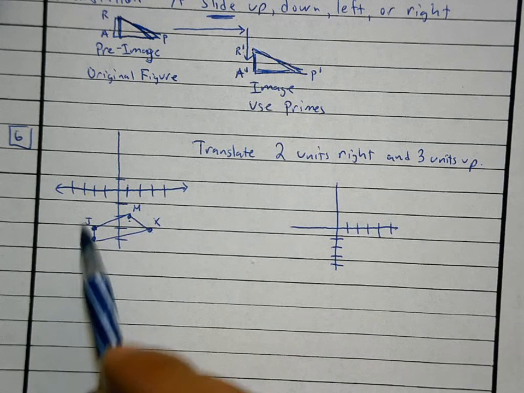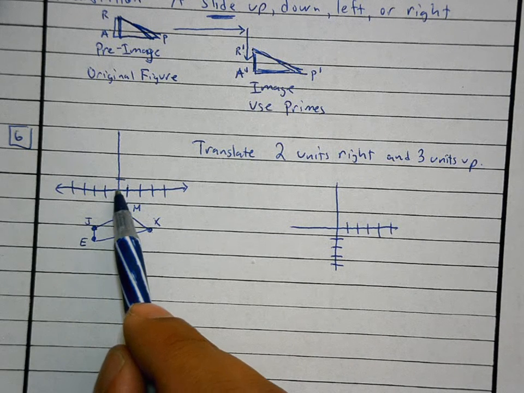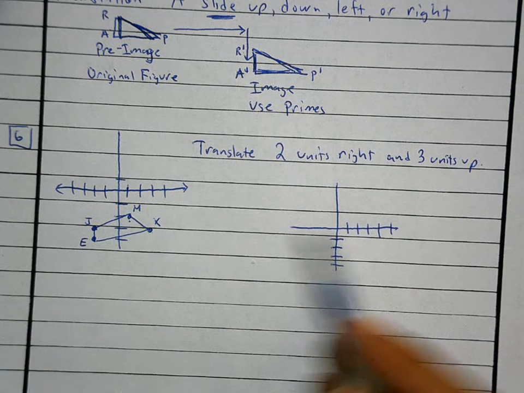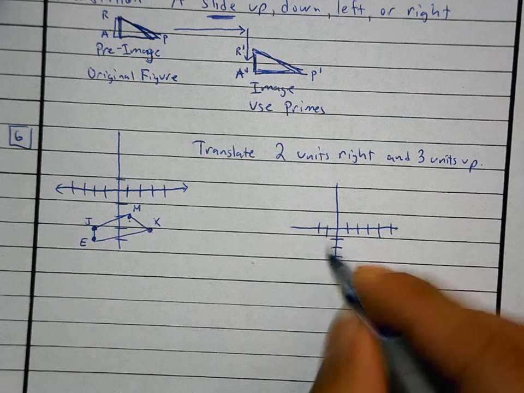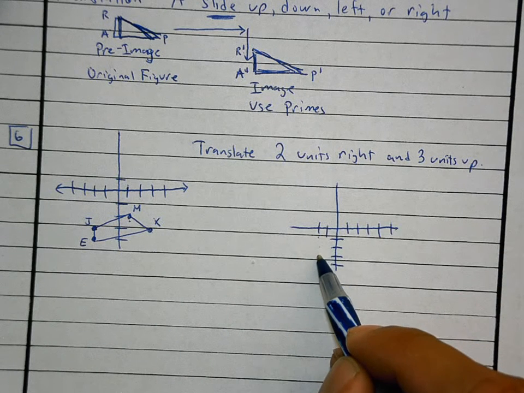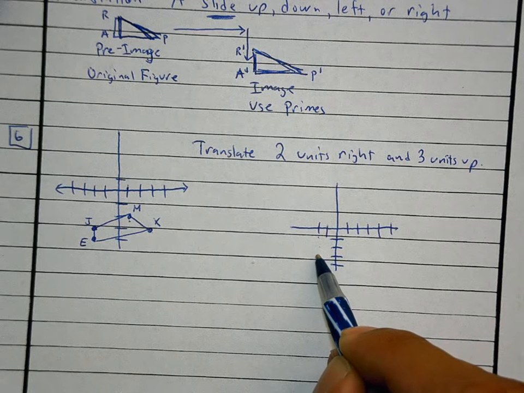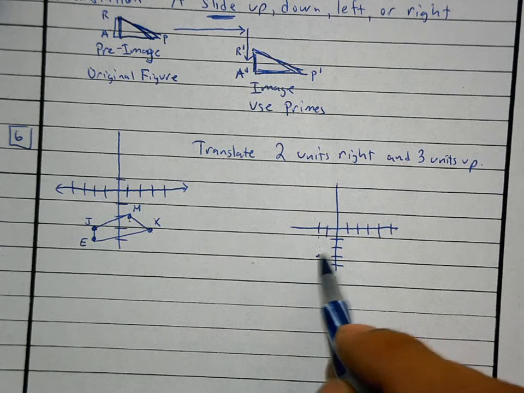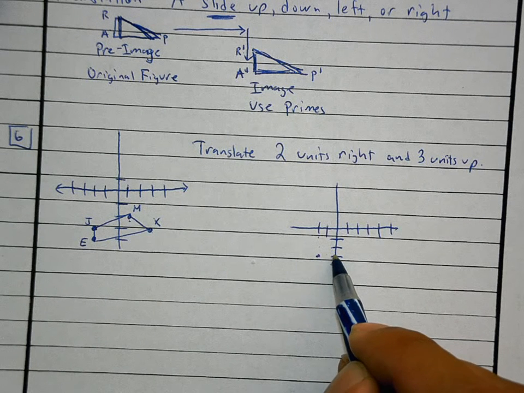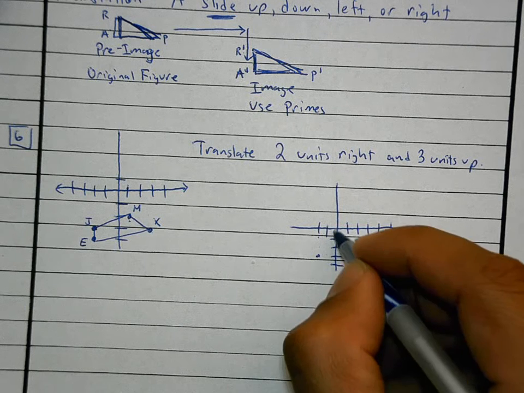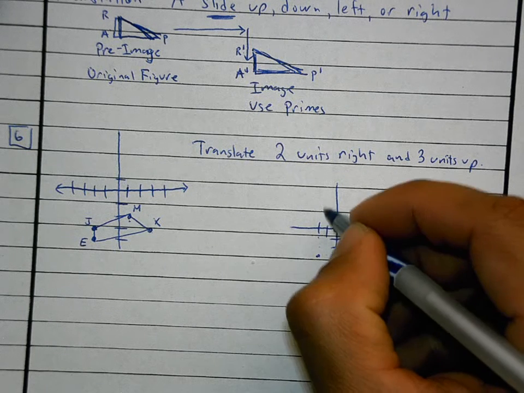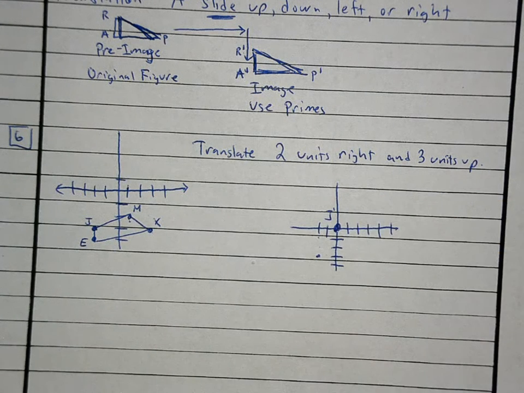For example, let's take this J. The J right now is at -2, -3. This is where the J was, and I need to move it to the right 2, 1, 2, and up 3. 1, 2, 3. This spot right here is where my new J prime is.